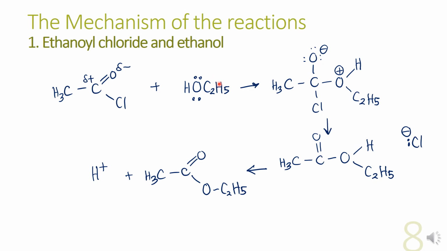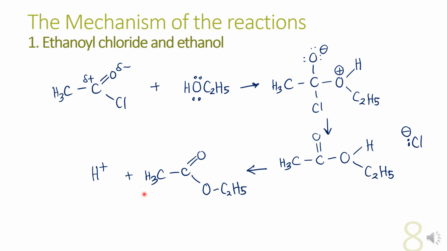I want you to pause the video and try to draw the arrows that are needed. You need to show how the electrons move around to produce the corresponding intermediate products and the final products. You can pause and try to do it.